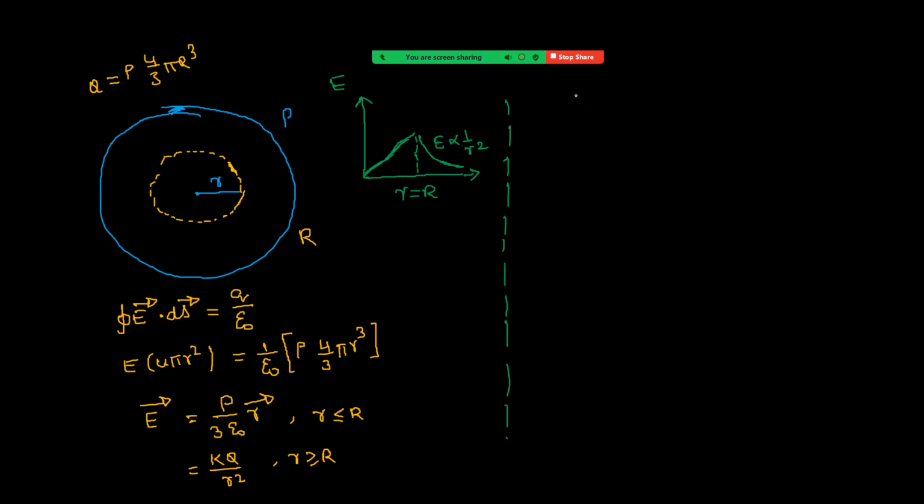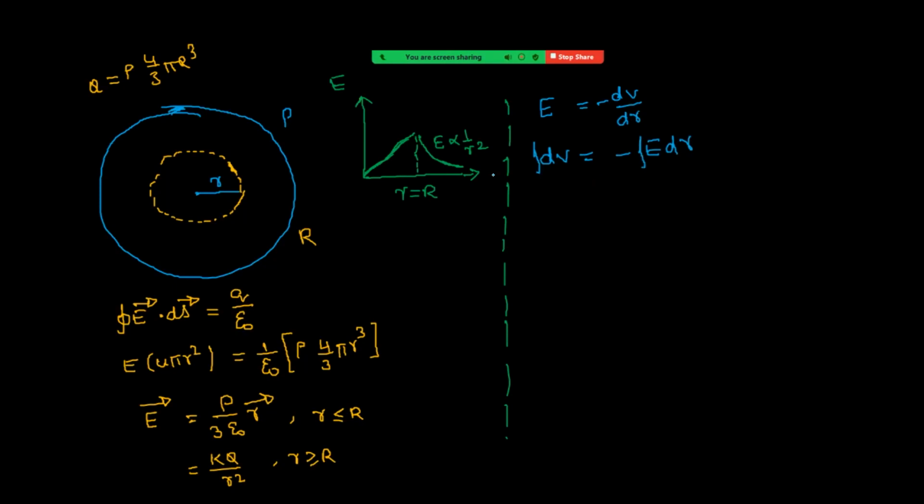So to find potential, we have to consider E equal to minus dV by dr, right? Now from this, we can write dV equal to minus E into dr. Now integrate this.